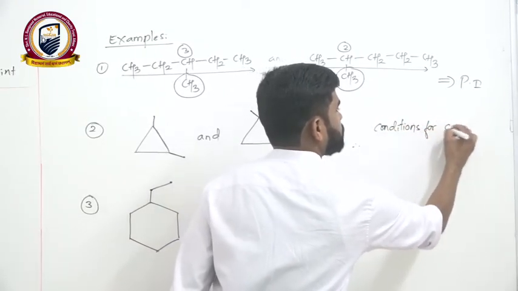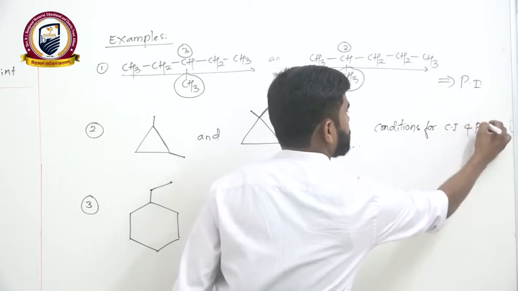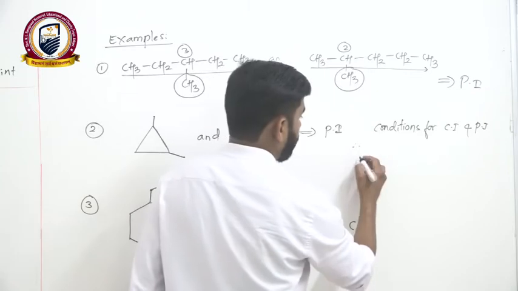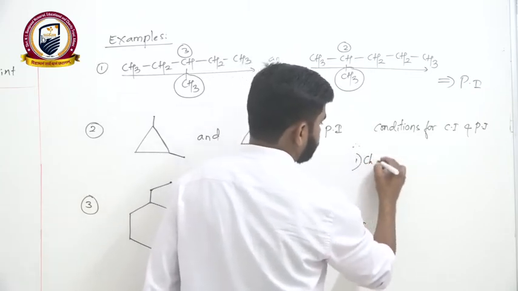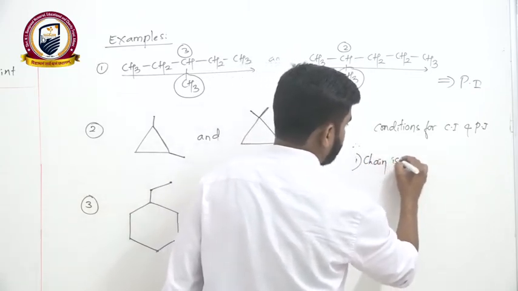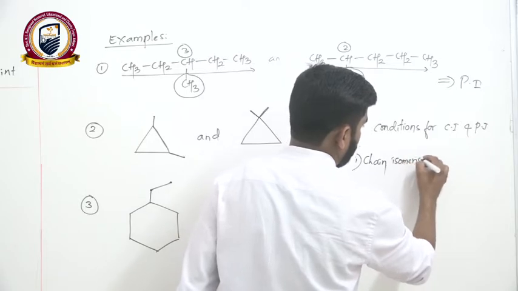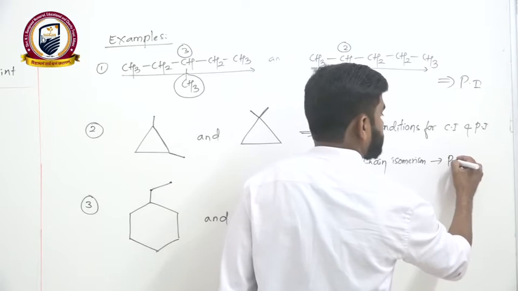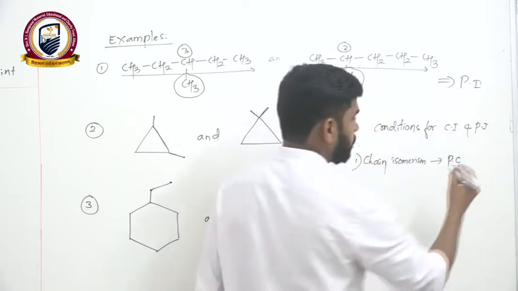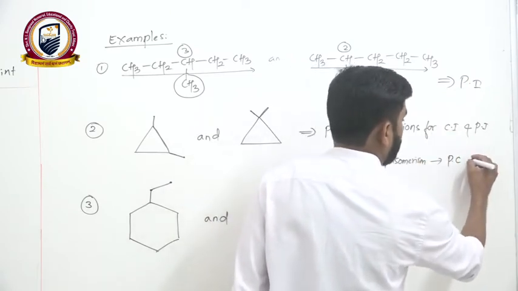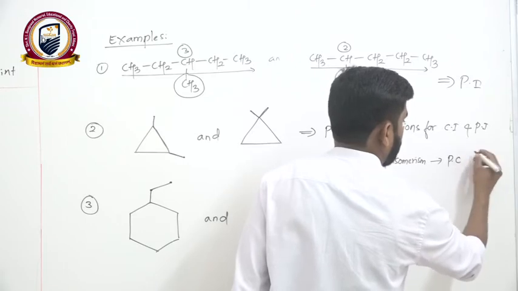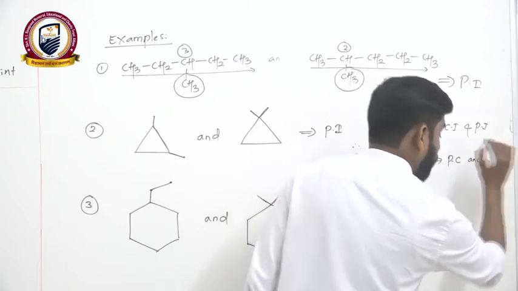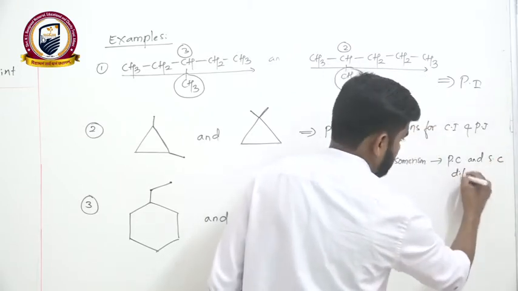for chain isomerism and position isomerism. So this is the simple trick. That is for chain isomerism. For chain isomerism, what should be the same? Parent chain should be the same, and the side chain should be different.